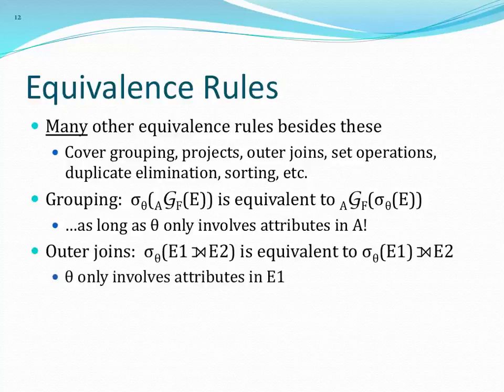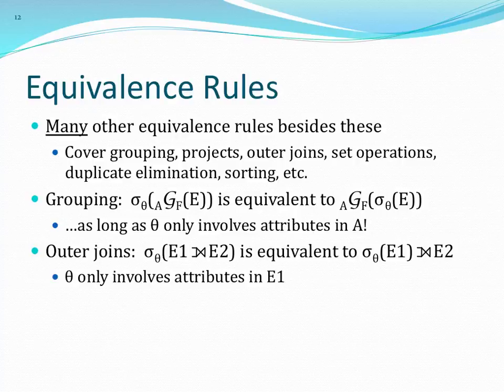Now here's another rule. Outer join: you do a selection outside of a left outer join, and you can push that selection down to the left side as long as the theta only involves attributes in E1. I won't get ahead of myself, but this is very important. Outer joins greatly complicate these rules.